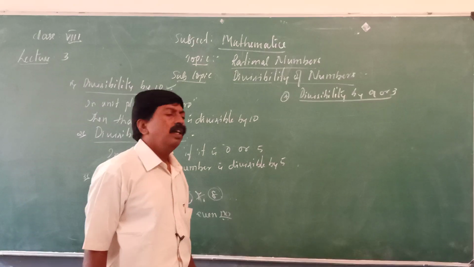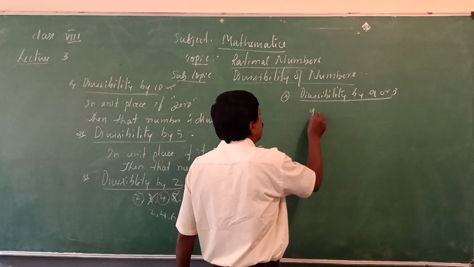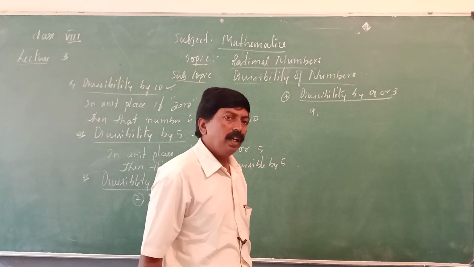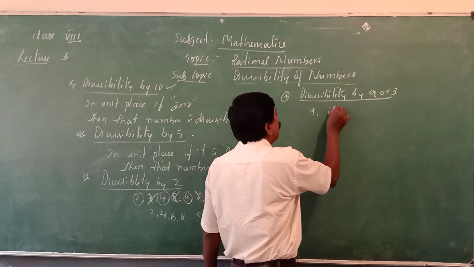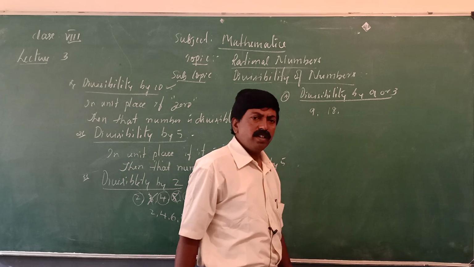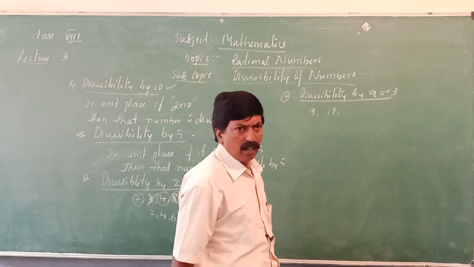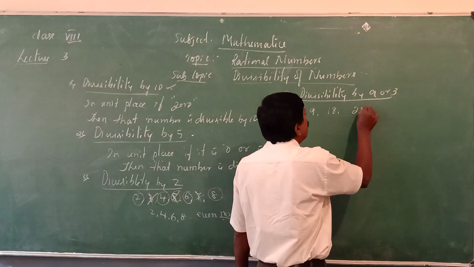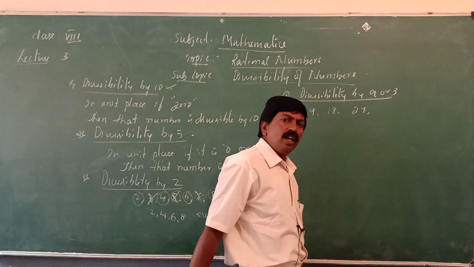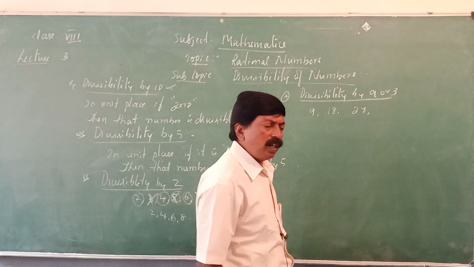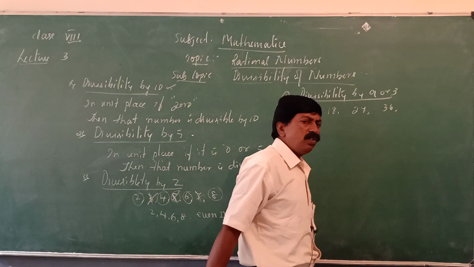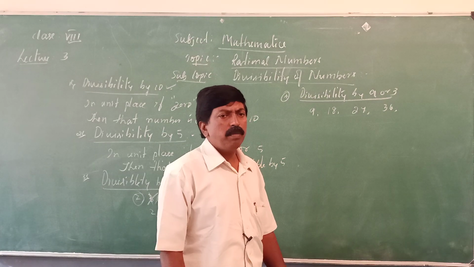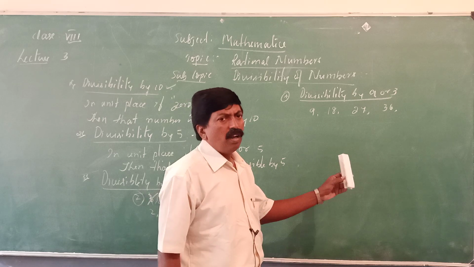Observe here. 9 is divisible by 9. 18 is also divisible by 9, since 9 twos are 18. 9 threes are 27. 9 fours are 36. So these numbers are divisible by 9.